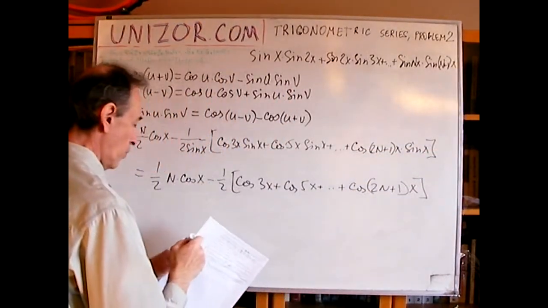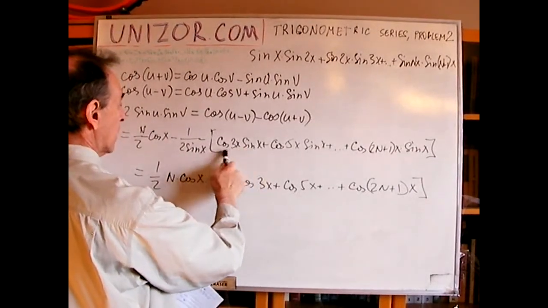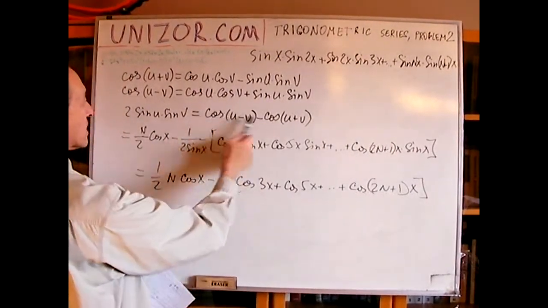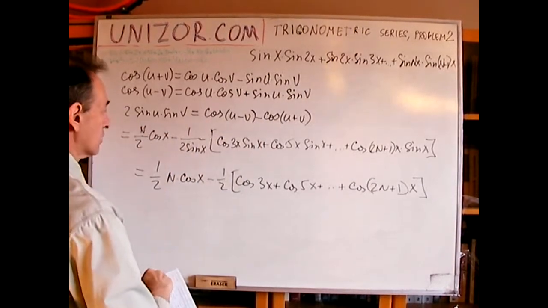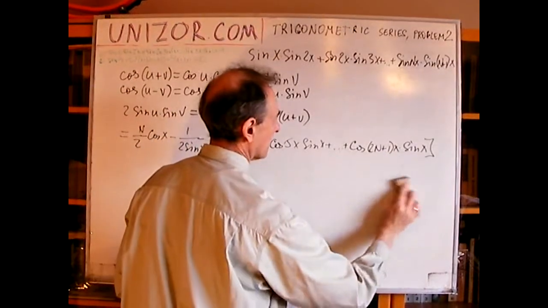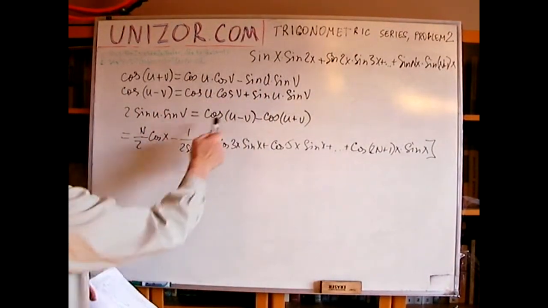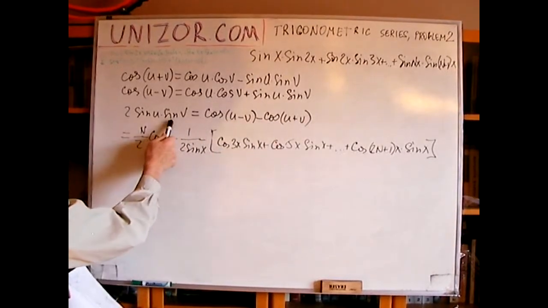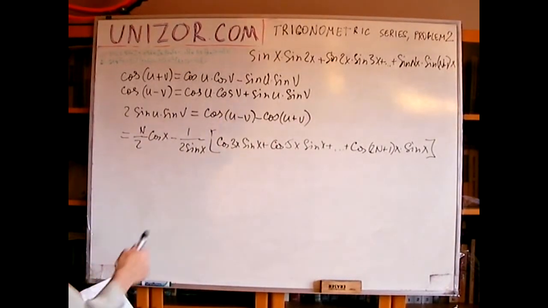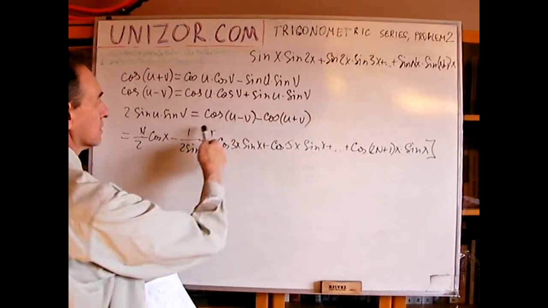Now, why did I do it? Because a product of sine by cosine I can also represent in a similar fashion. Same as the difference between cosines gives me the product sine by sine, the product of sine by cosine can be obtained from the difference of the sines.